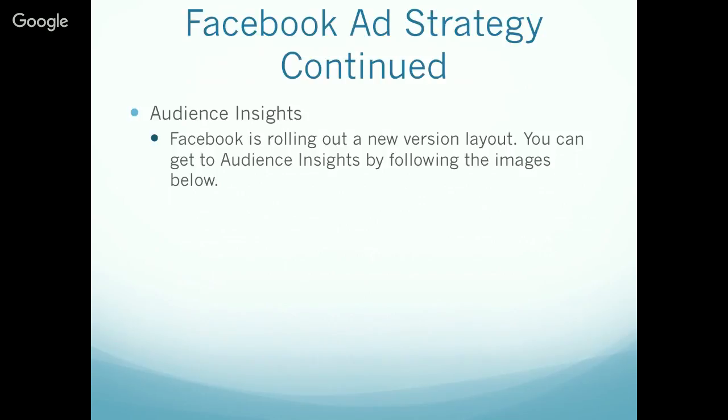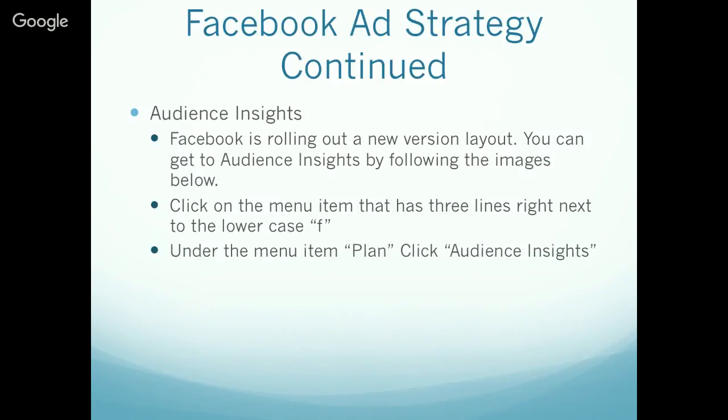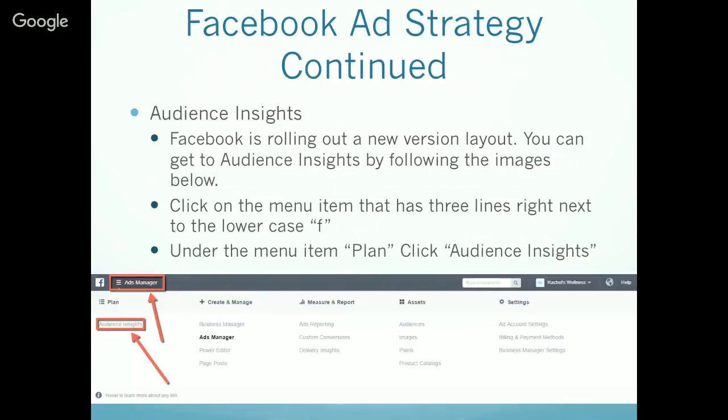So you can get to Audience Insights by following the images below. Click on the menu item that has 3 lines right next to the lowercase f. Under the menu item, Plan, click Audience Insights. So this is one version of what your back office may look like.